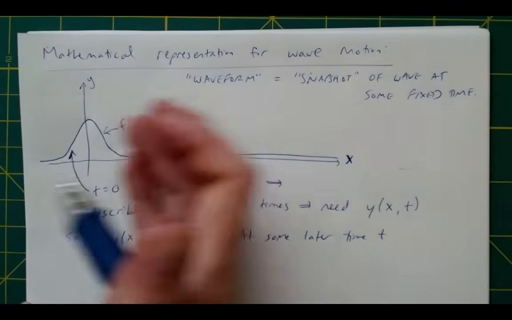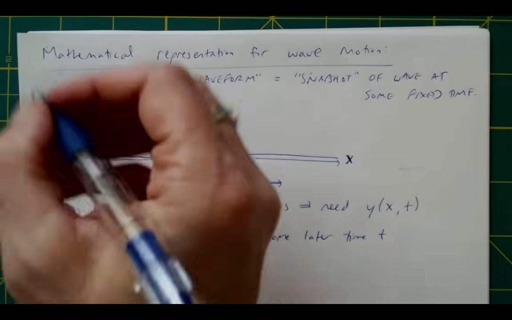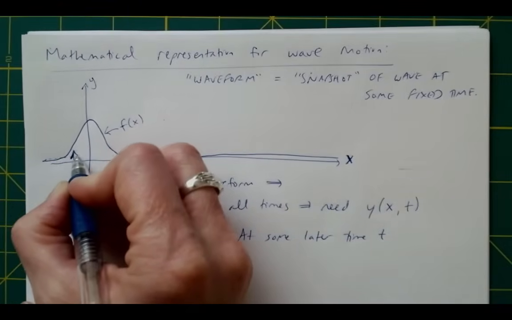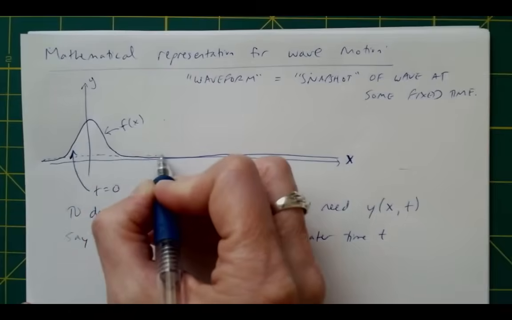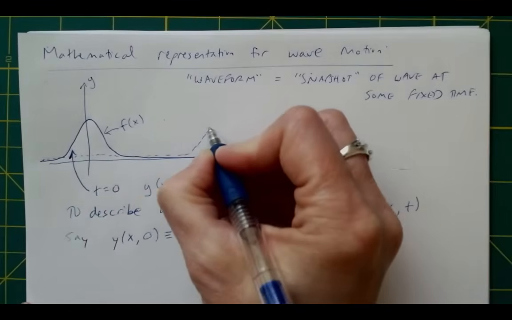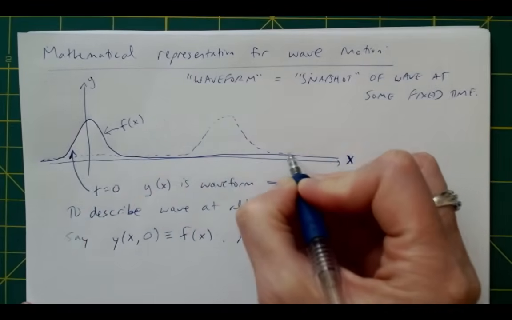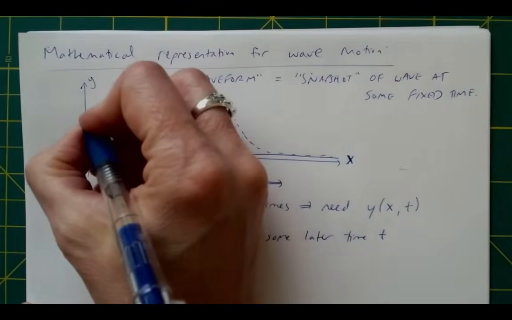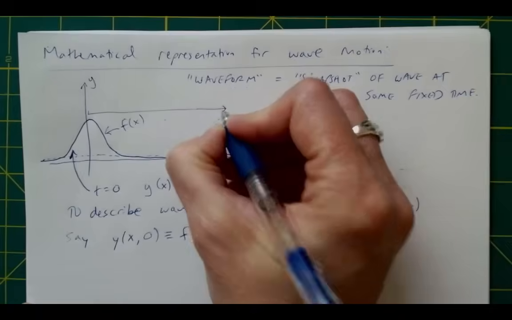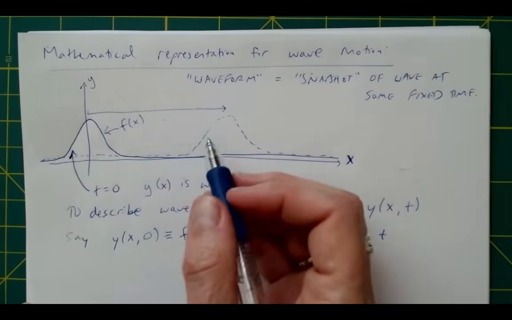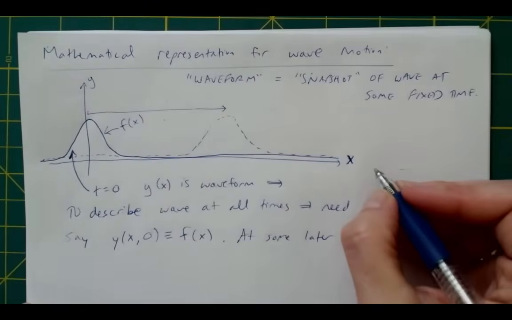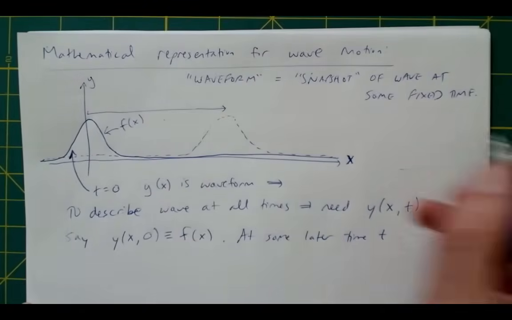And so if you imagine this one is traveling to the right, you pluck it and then this wave travels to the right, you would have this same shape, but at some point it would have moved over by some distance. And this distance that it's moved over is actually equal to the speed of the wave times the time, right? x is equal to the velocity times the time.